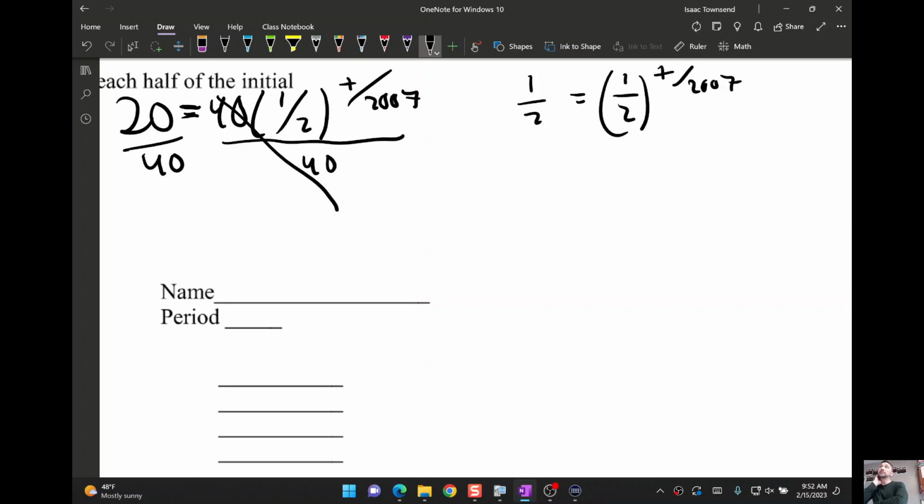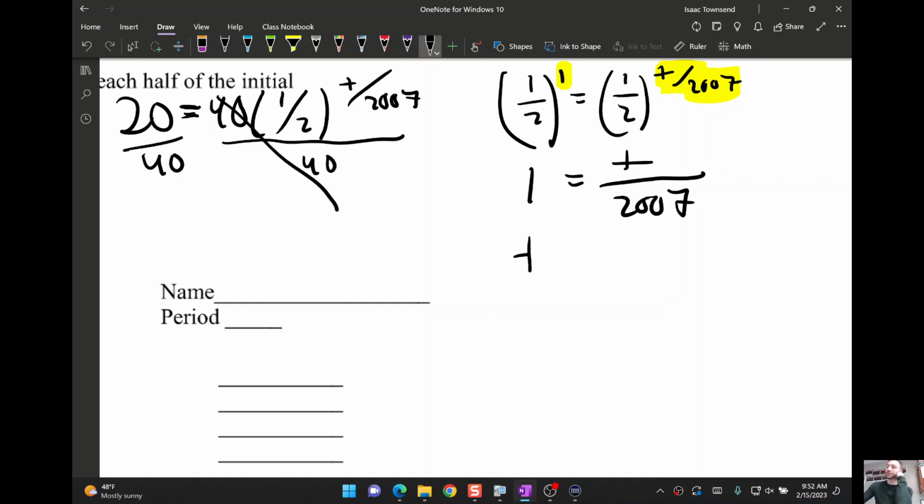And then what happens is you get 1/2, that's to the first power, is equal to 1/2, that's to the t over 2007. So to make these equal, all we got to really do is make the exponents equal. So in that case, it would be 2007 years.